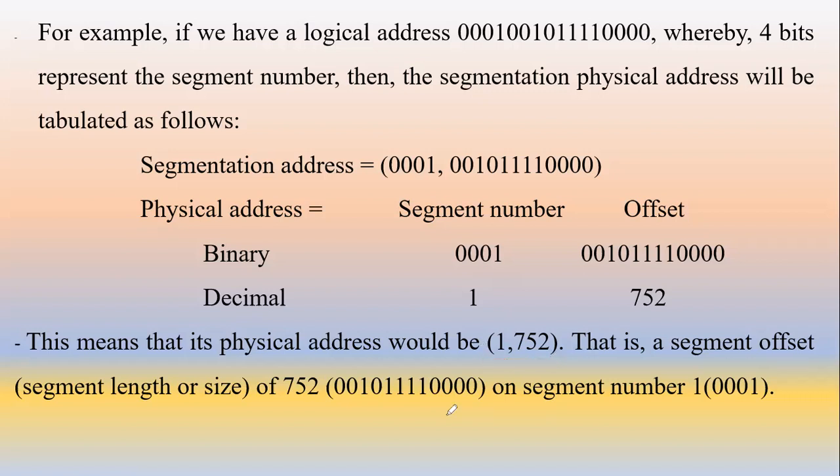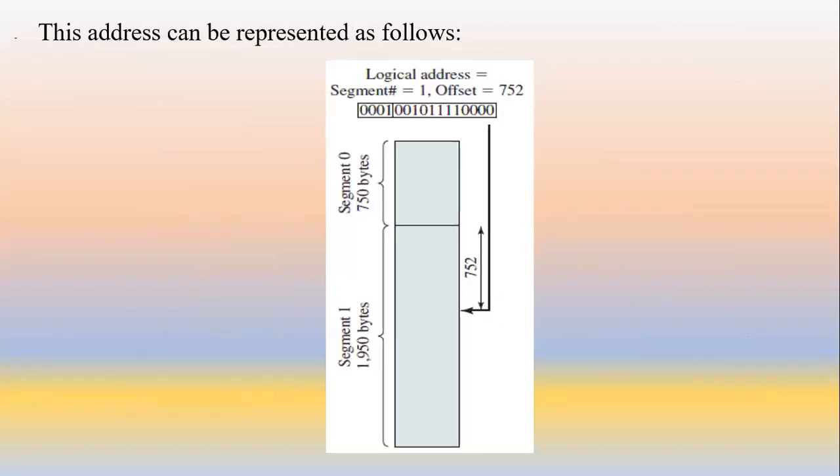So this is segment offset or segment length of 752, and it is found on segment number 1. That's another way of interpreting it. This can be represented as follows.